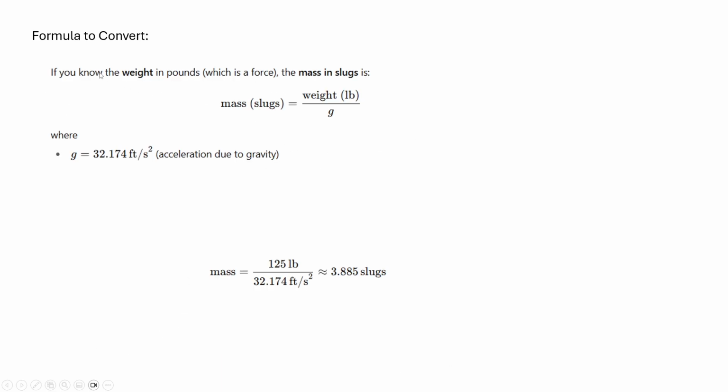To find the mass in slugs, you have to have the weight in pounds and the g. g is 9.81 in SI units.